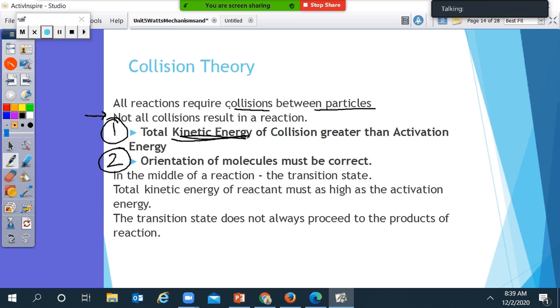The middle of the reaction is called the transition state. We used to call the actual place where bonds are breaking and new bonds are formed the activated complex. We still do in honors. This is that high energy place where bonds are breaking and new bonds are formed. It's kind of a transition state.